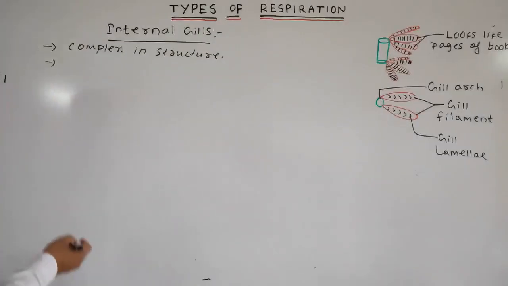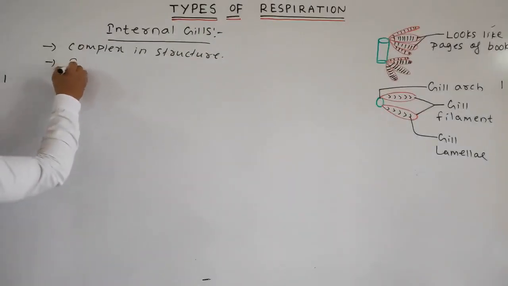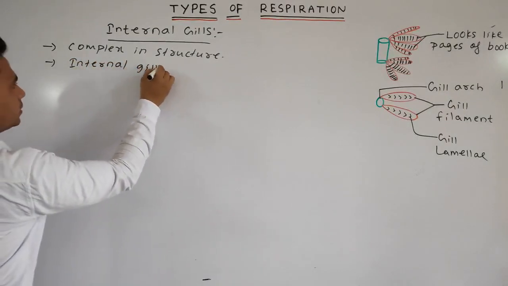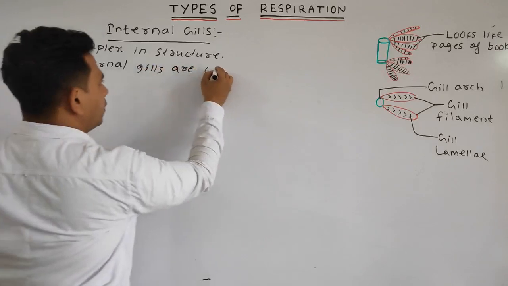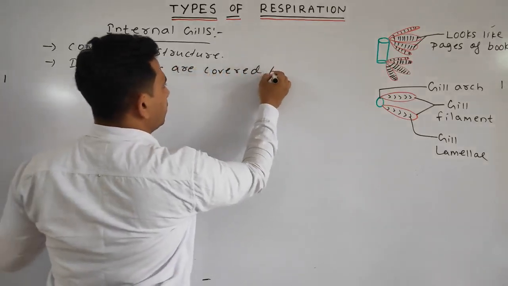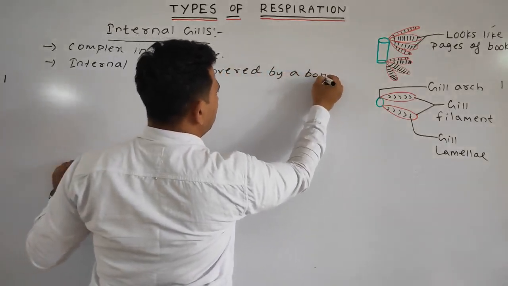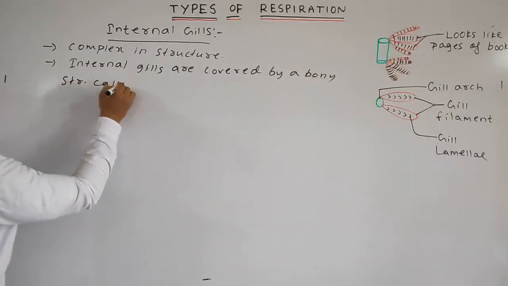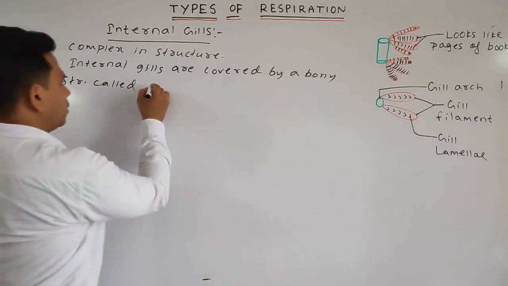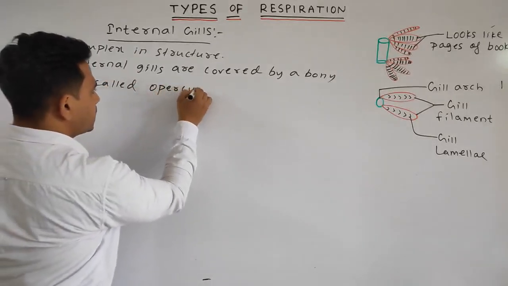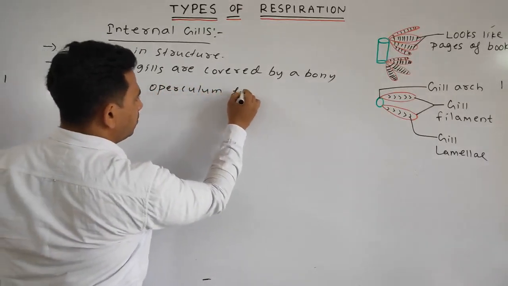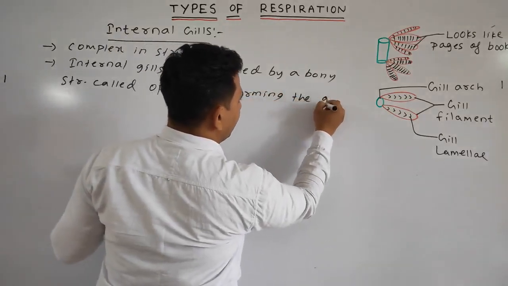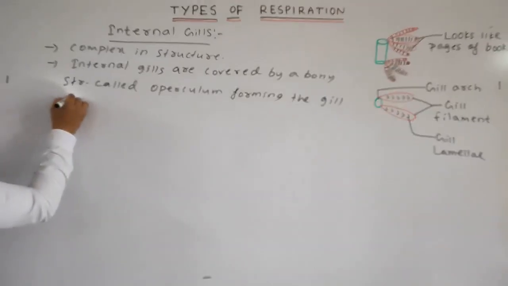Okay, so our next point: internal gills are covered by a bony structure called the operculum, forming the gill chamber.